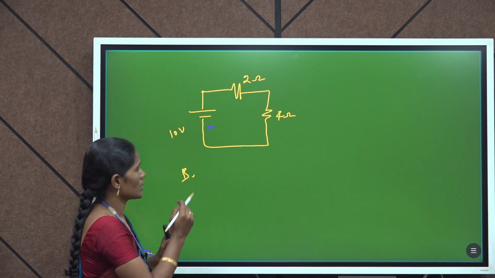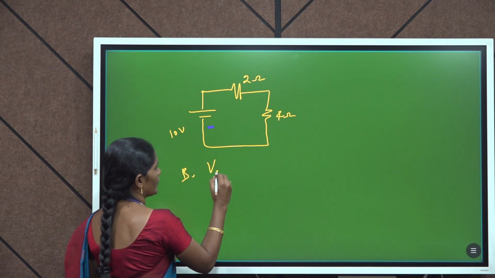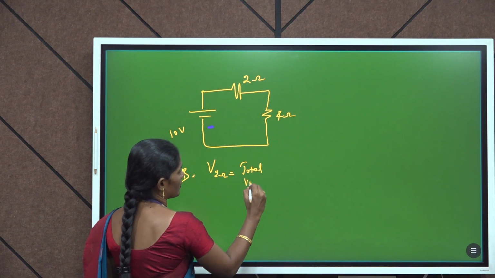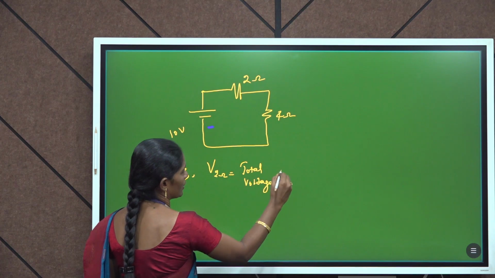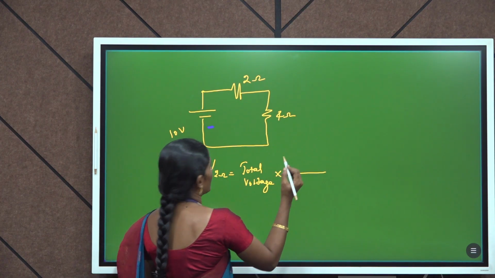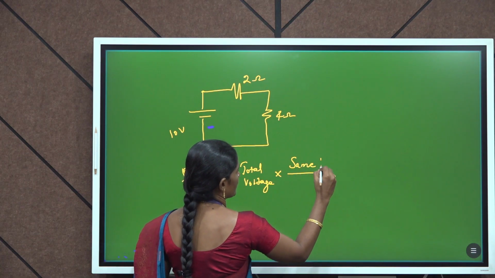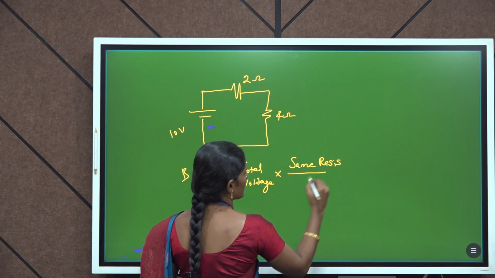The voltage across the 2 ohm resistance we can calculate by using the total voltage multiplied by the particular ratio. In this ratio, the numerator is the same resistance divided by the total resistance.